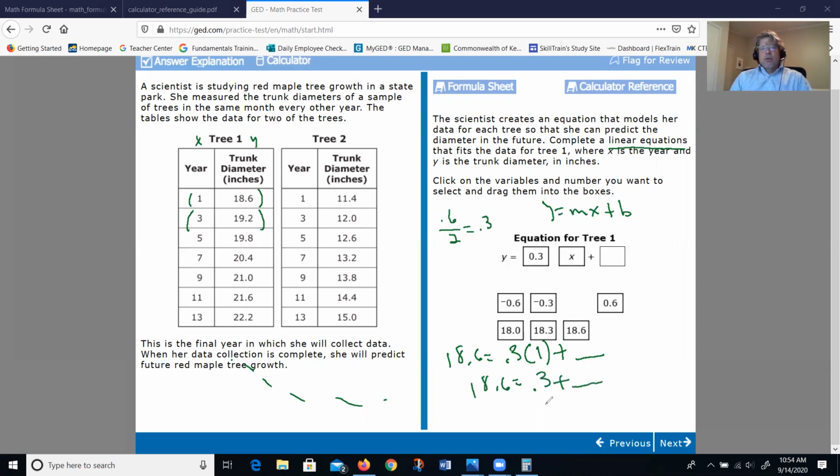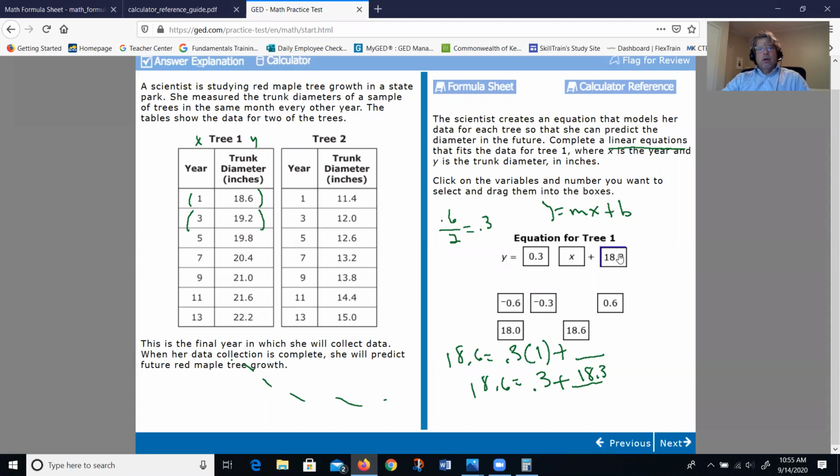So what can you add to 0.3 that gives you this 18.6? Again, I can use subtraction, or I can just recognize that, well, 18.3 plus 0.3 would be 18.6. So therefore, what we pick up on then is 18.3 would be the missing piece.